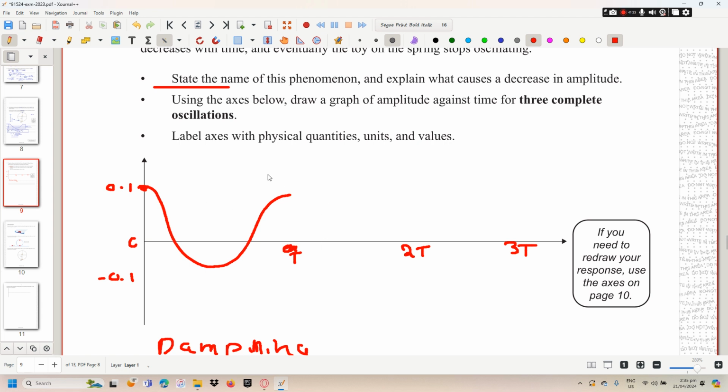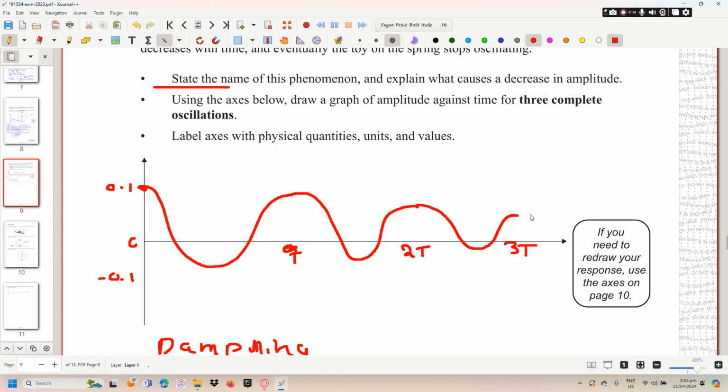It's lost some energy, and therefore it can't reach its max amplitude. Let me go again. Loses some more energy. Then it loses a bit more energy. Like that. Now, I've not drawn this great because, in theory, it should look fairly symmetrical about this line. But, oh well.